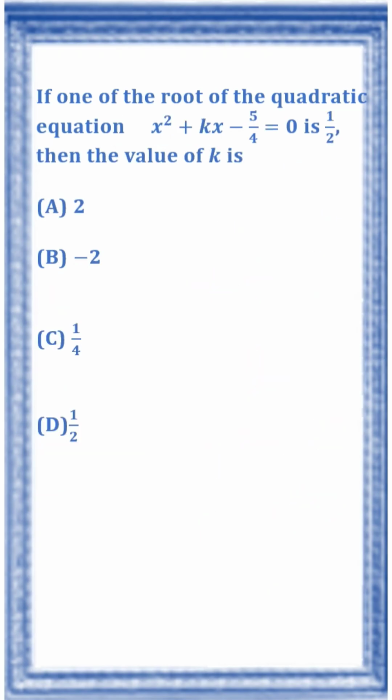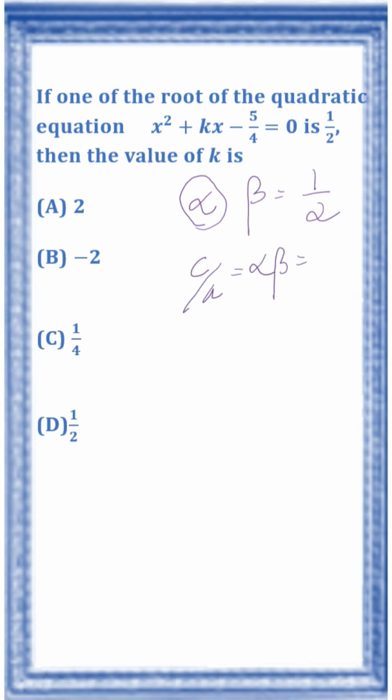Now another similar question. If one of the roots of the quadratic equation x square plus kx minus 5 by 4 is equal to 0 is half, let alpha be one root, another root beta is half. Find the value of k. Now we don't know alpha, so c by a is alpha into beta.